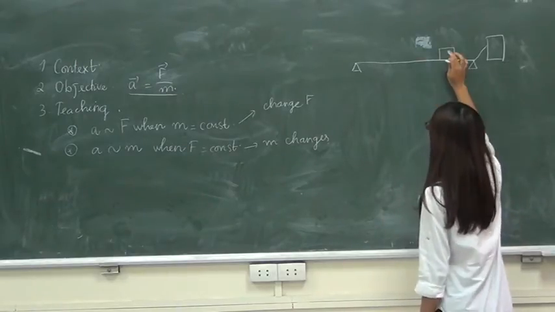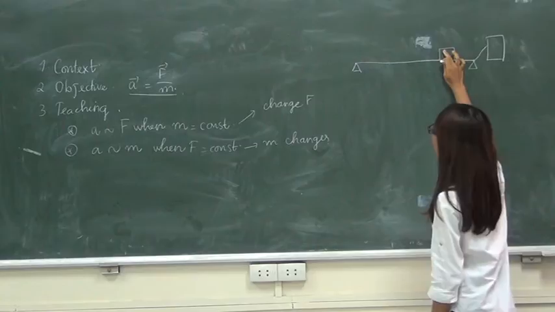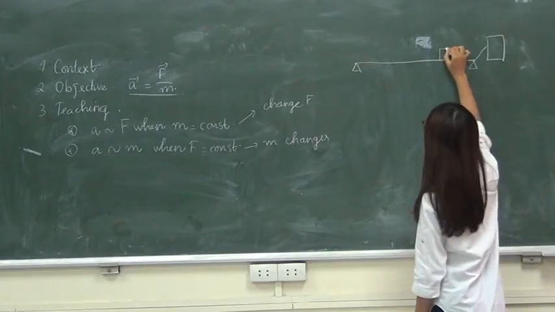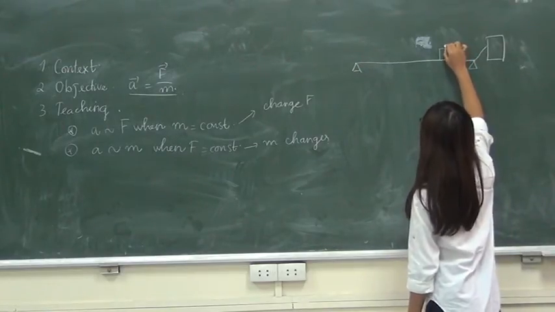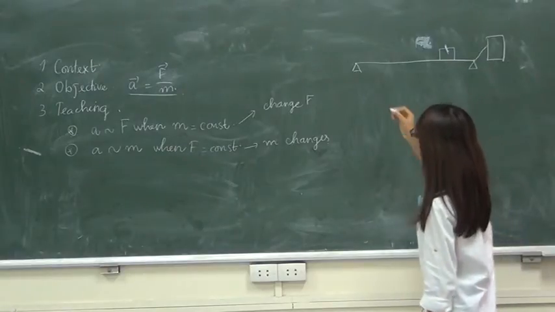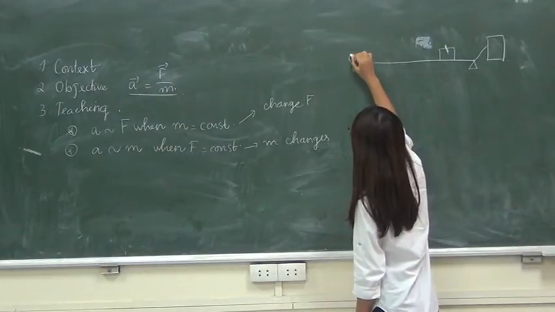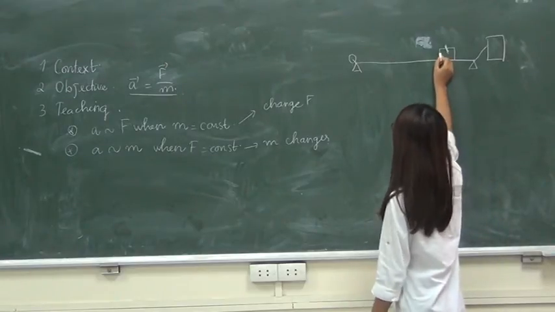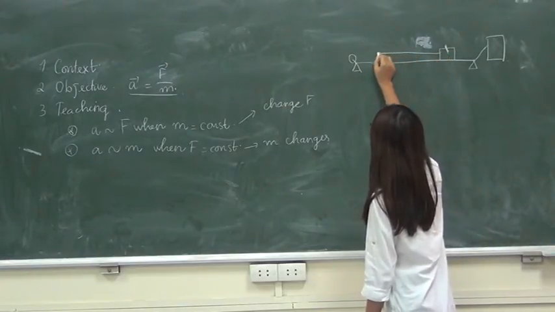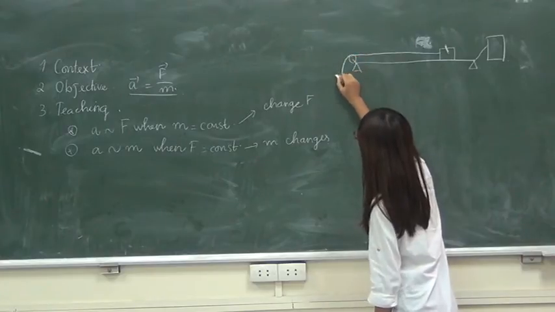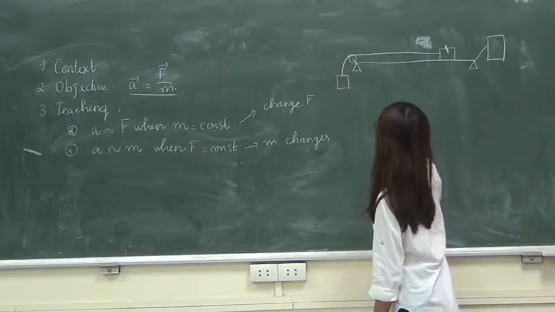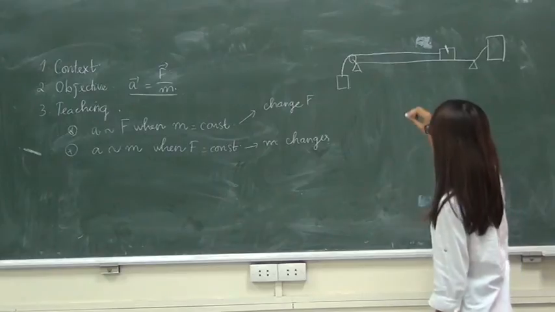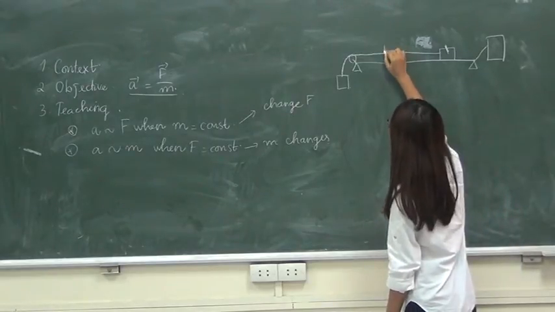And we attach a light barrier to the car, like this. A pulley in this, and we have a string which connects the car and the pulley, and we have a mass like this. We have two photo gates.